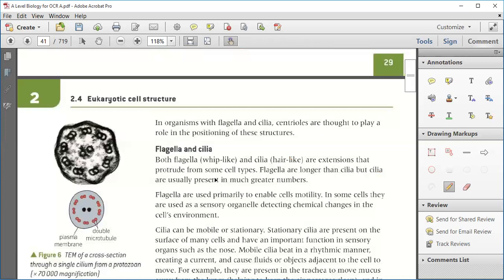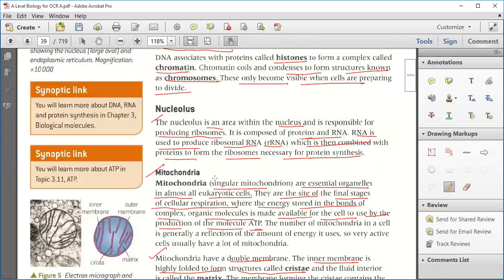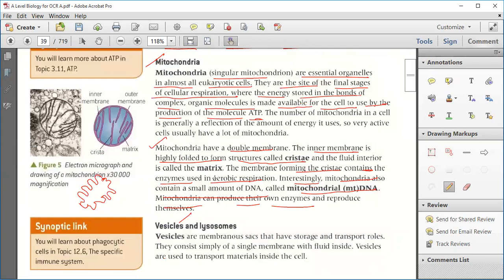Do one thing, quickly read whatever we did up till now. Okay. You read up to page 128. Quickly. From the beginning.